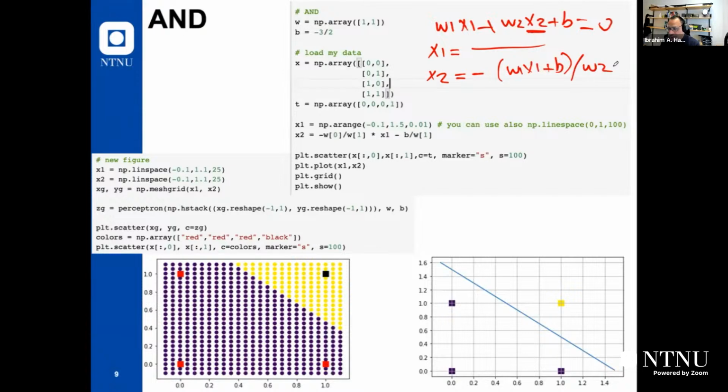If you want to draw the decision line, you need to assume values for x1 using a linear space. When you have values for x1, you substitute them into this equation to get x2. After that, just plot x1 and x2, and you will get this decision line. You will be able to draw the line.